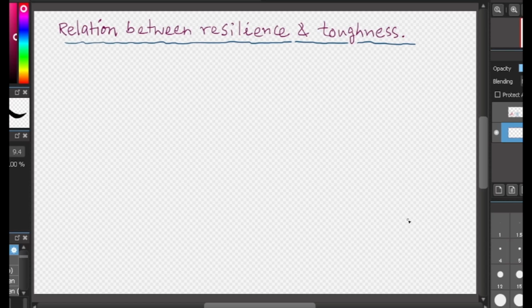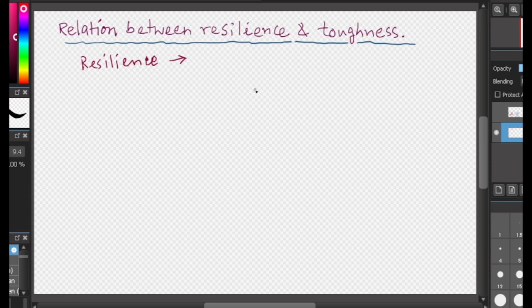So as you know, resilience is the property of a material that enables it to resist shock and impact by absorbing strain energy without permanent deformation.